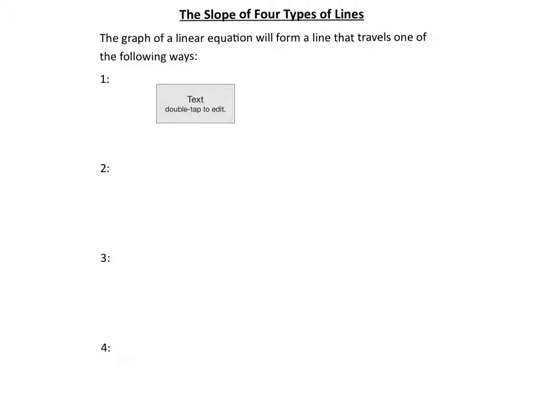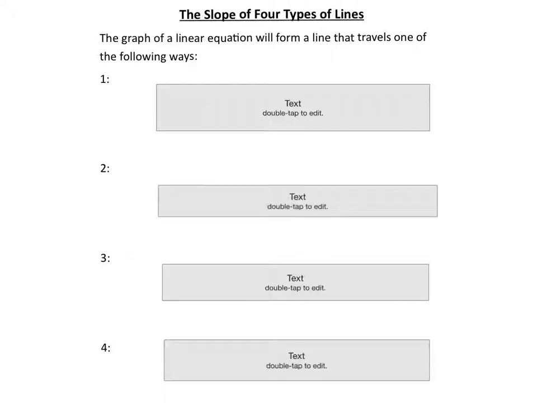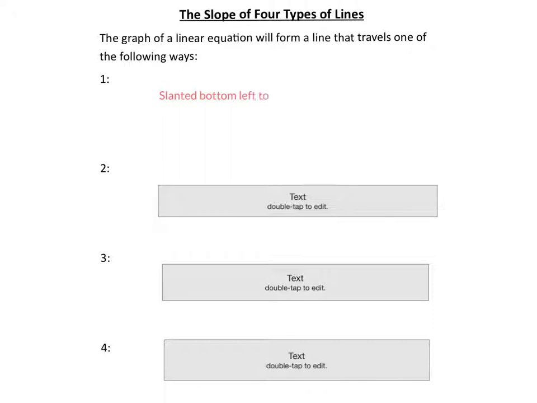The first way is going to be slanted bottom left to top right. An example of this is that somewhere on the graph it's going to be going in this direction.